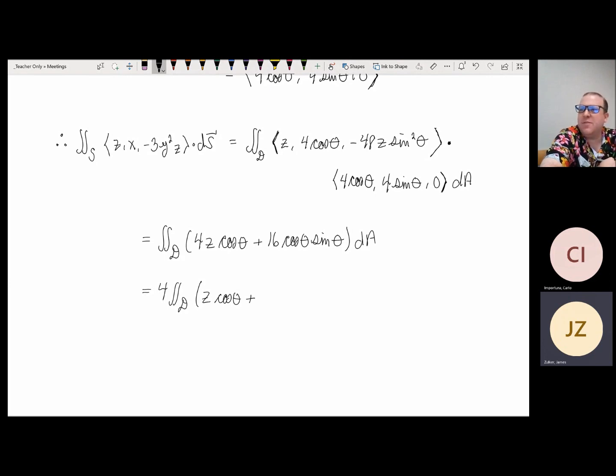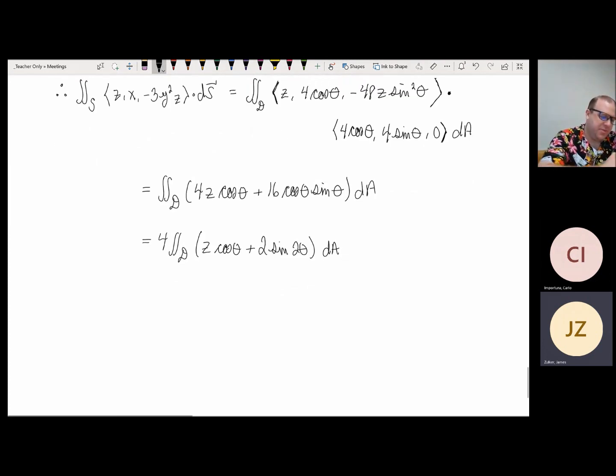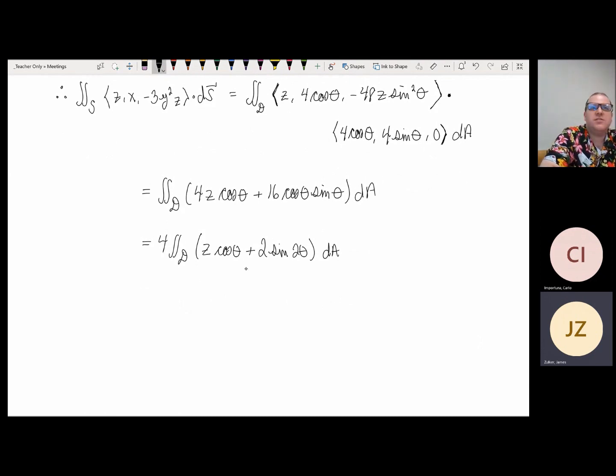Factor out a 4 from 16, you're left with 4. But sine theta cosine theta is a half sine of 2 theta. Just so I don't have to worry about u-substitution, I'm just going to do that as half sine of 2 theta. I'm going to say there is the first setup.